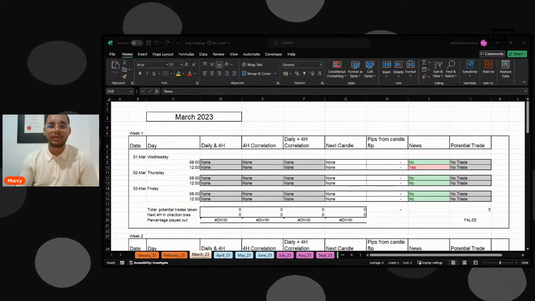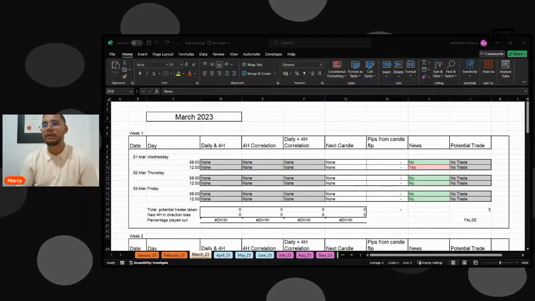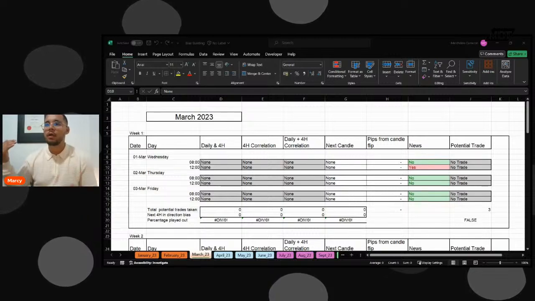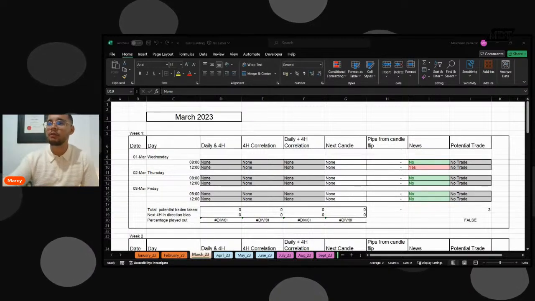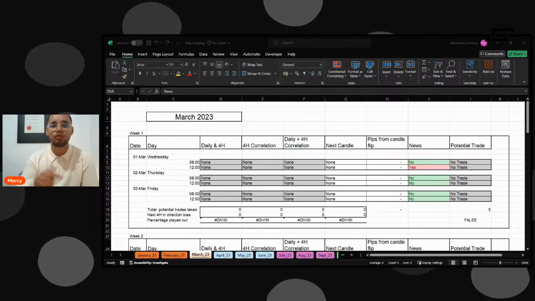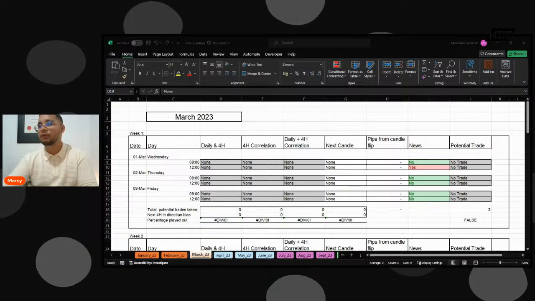So the only other thing that we can check for at this point is 4H correlation, and what that basically means is, as I mentioned at the start of the video, the same. So we're looking for bullish 4H closes at 4 o'clock across all pairs, which is GJ, GU, EJ, CJ, UJ, and AJ, right? So let's go through them all.